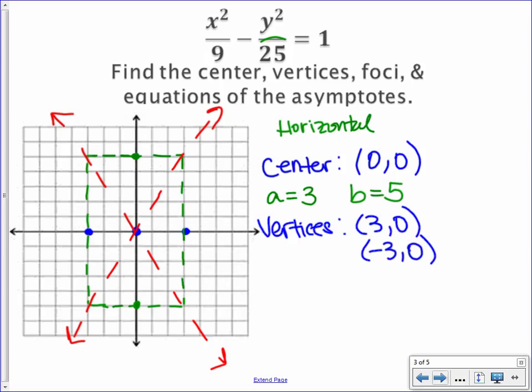Those are our asymptotes. That's what's going to give us our shape. We know that a curve has to approach asymptotes, and so we can get the shape of this hyperbola by making our curve approach those asymptotes.